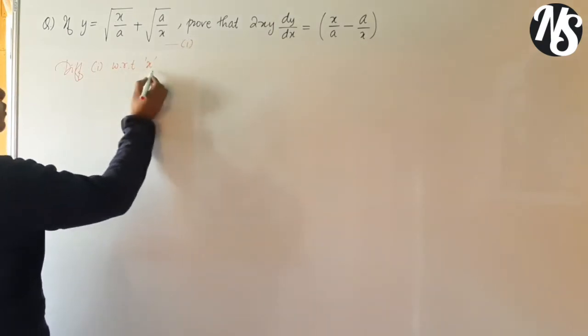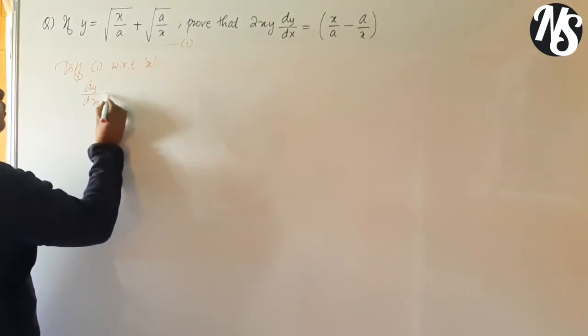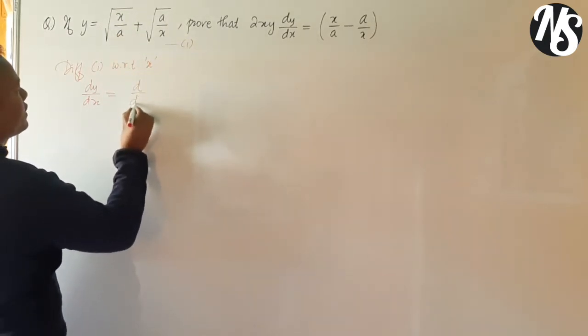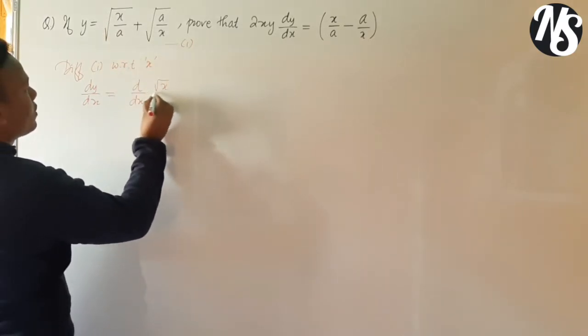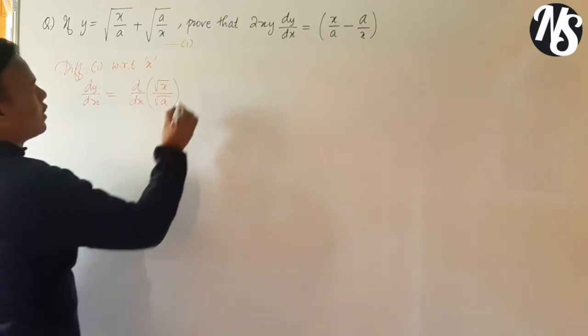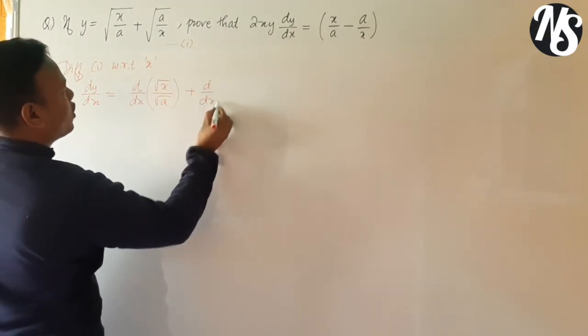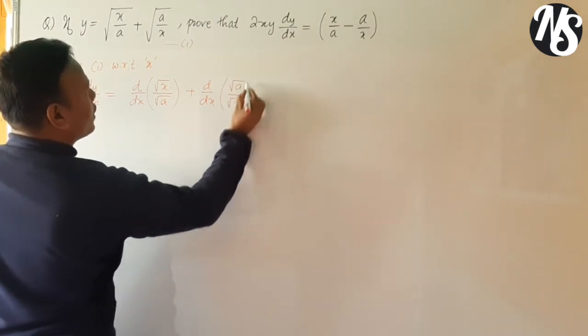So with respect to x, dy by dx will be equal to dy by dx of square root of x by square root of a, plus similarly dy by dx of square root of a by square root of x.